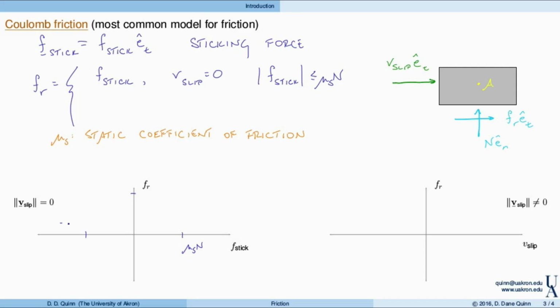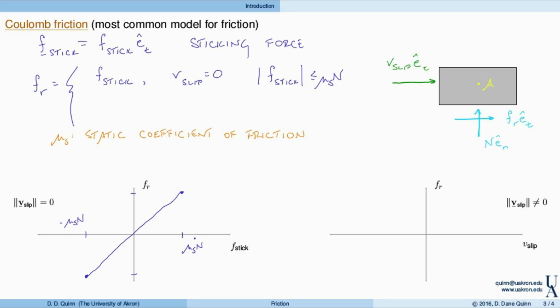Right over here, we'll have minus mu s times N, because after all, this is absolute value. So as long as the sticking force is between these two values, then the friction force is equal to that value. So I can essentially draw that, and this is the plot of the friction force.